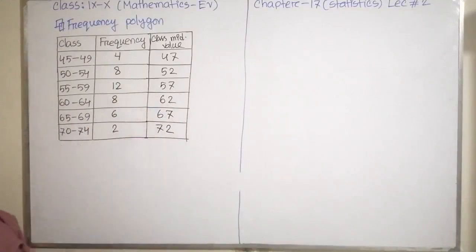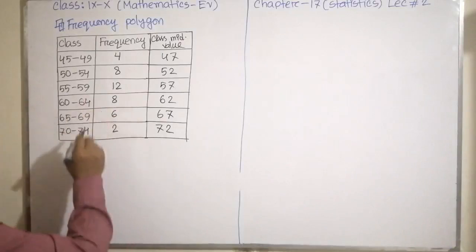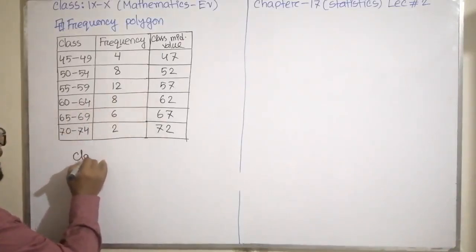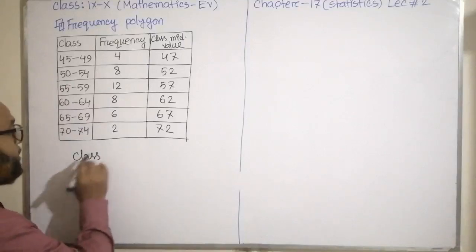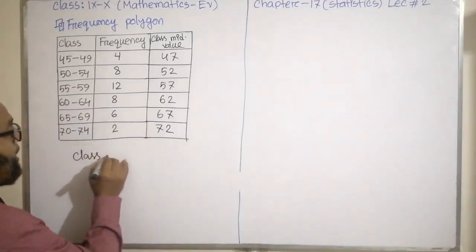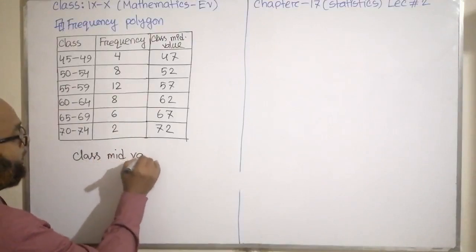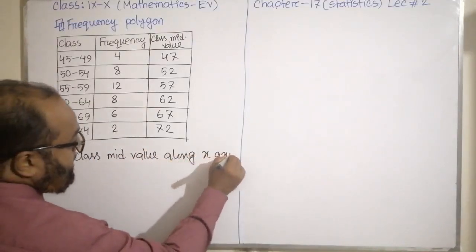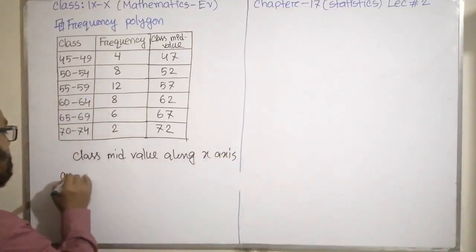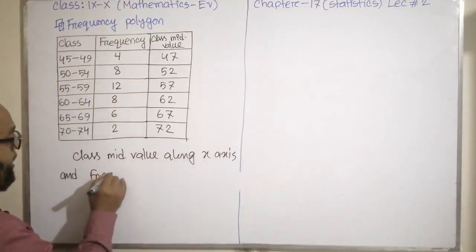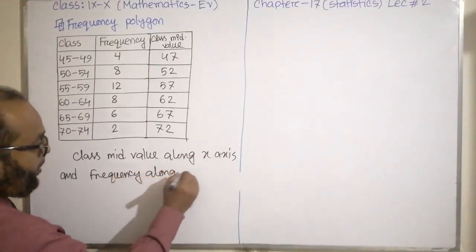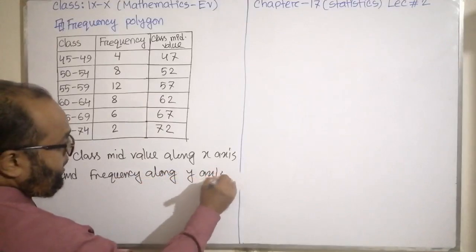To draw the frequency polygon, we take class mid value along the x-axis. Here I write a shortcut: class mid value along the x-axis and frequency along the y-axis.